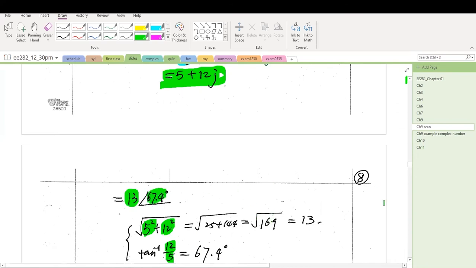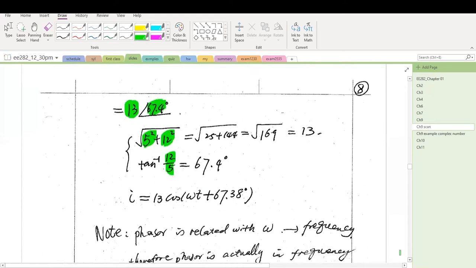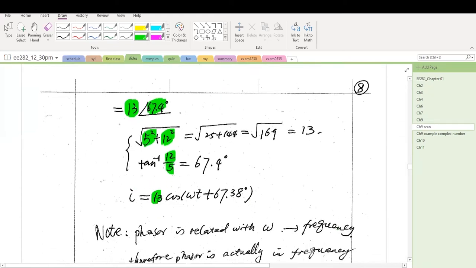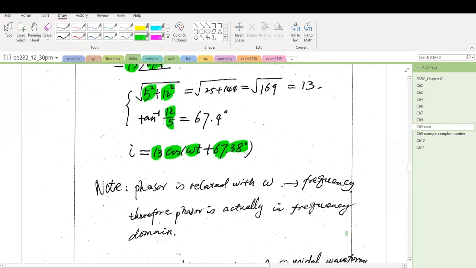So what's the time domain expression? 13 cosine(omega t plus 67.4 degrees). Remember that omega is implicitly embedded in the phasor. Therefore, the phasor domain is also referred to as the frequency domain.